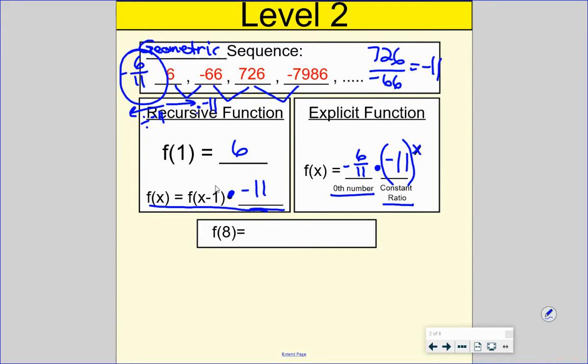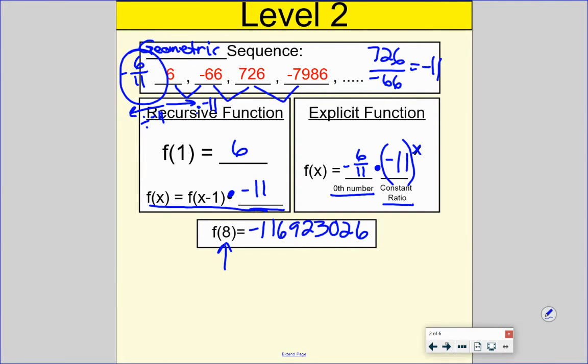And I got here a big negative number, negative 116923026. So definitely love our calculators on these explicit functions of geometric sequences when we figure out our different terms. So that was the 8th term in the sequence.